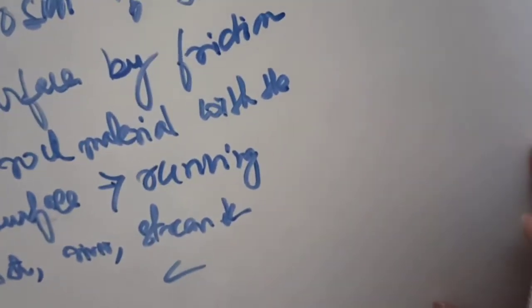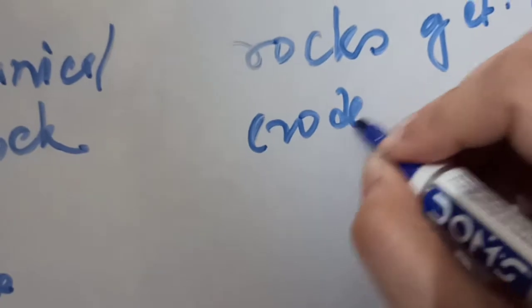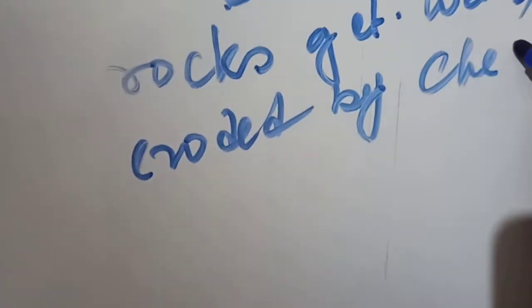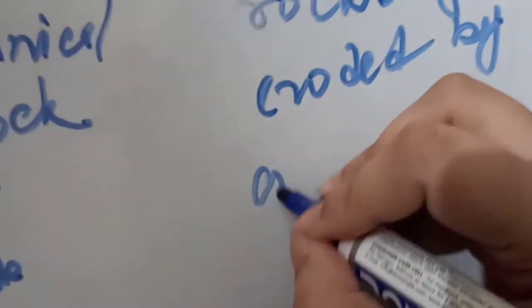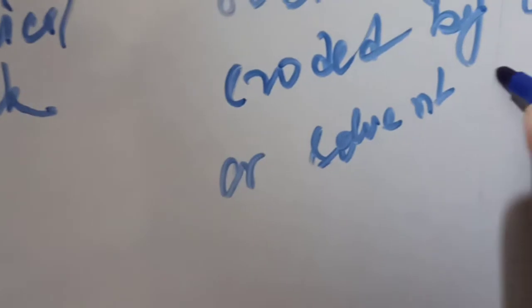Next, what is the process of corrosion? Corrosion is the process by which the rocks get worn or eroded by chemical or solvent action.